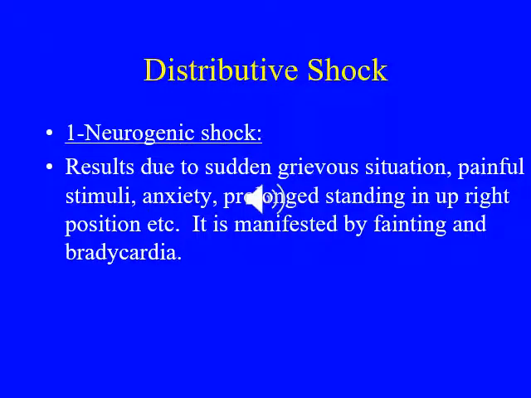The first type of distributive shock is the neurogenic shock, and this is due to sudden, grievous situation, painful stimuli, severe anxiety, prolonged standing in the upright position, etc. And it is manifested by fainting with bradycardia.